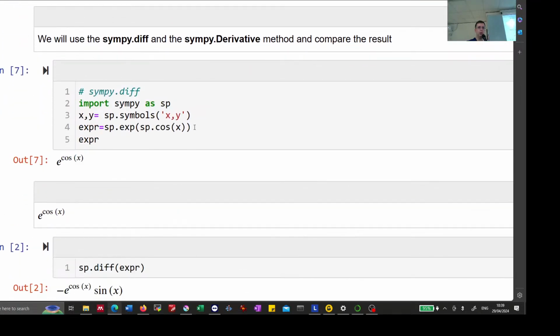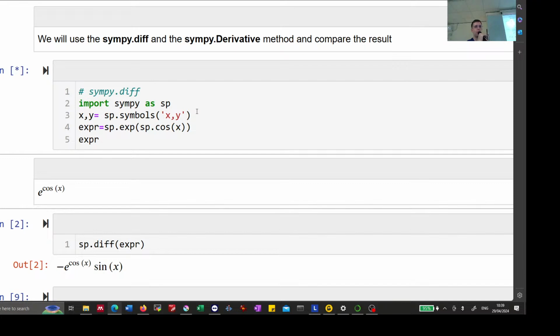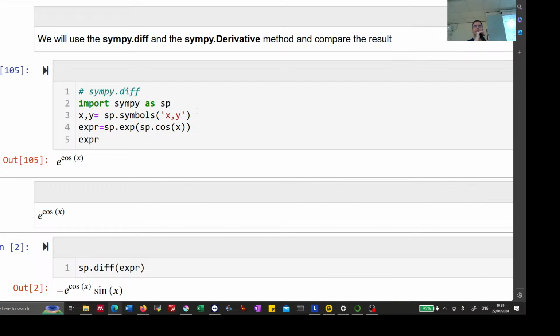So how does it work? I have here a very, very nice function. Look at this: e to the power of cosine x. Did you ever see a trigonometric function in an exponent? Now you see. Do you know how to take the derivative? Chain rule, right?